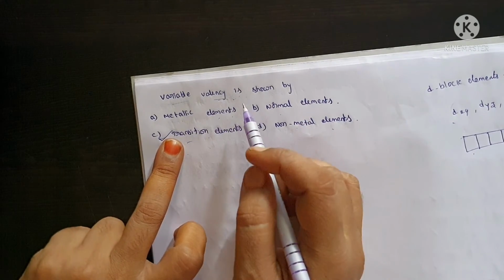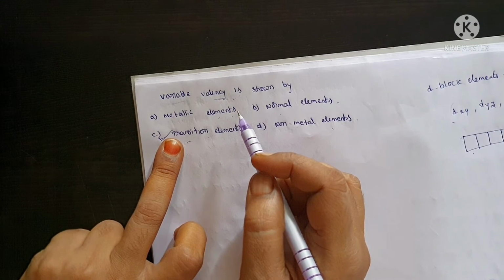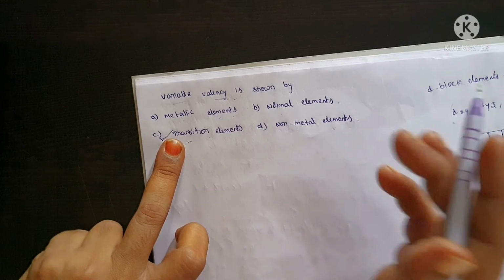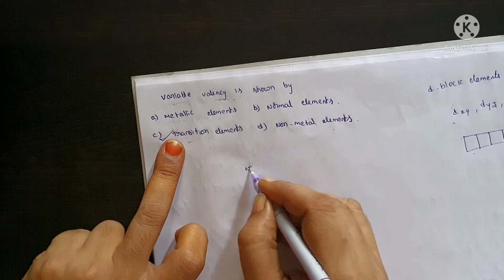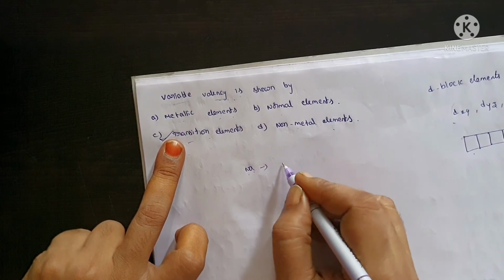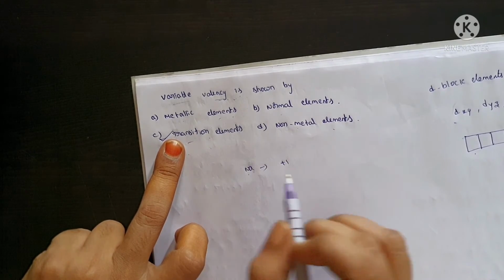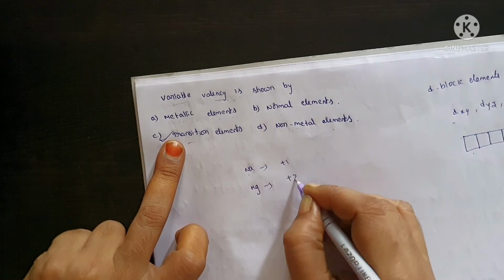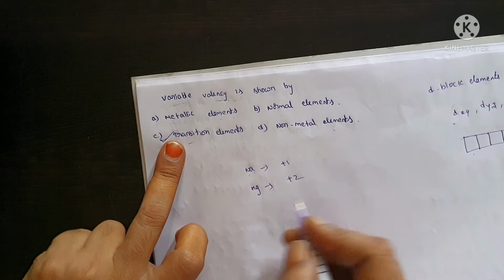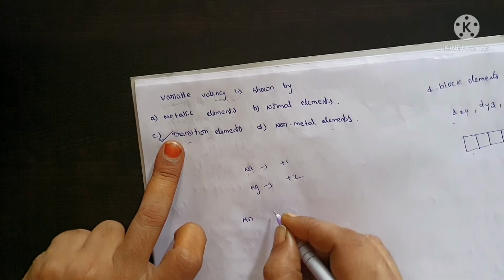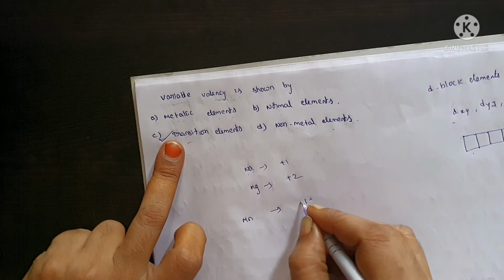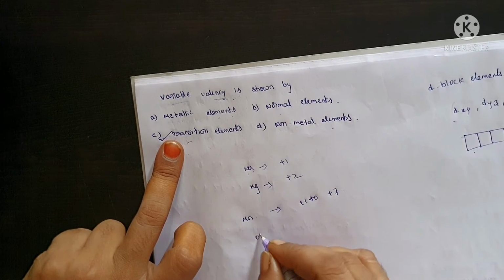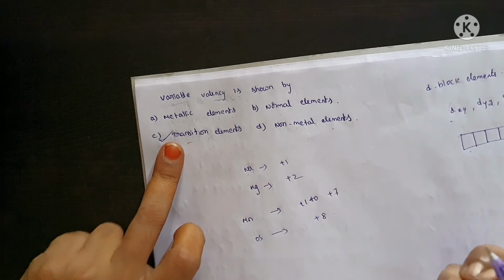Among metallic elements, even though there are so many metals, some show only one oxidation state. For example, sodium is a metal, but it shows only one valency, that is +1. Alkaline earth metals, for example magnesium, show +2 only. But in d block elements, for example manganese, it shows from +1 to +7 oxidation states. And osmium also exhibits +8 oxidation state.